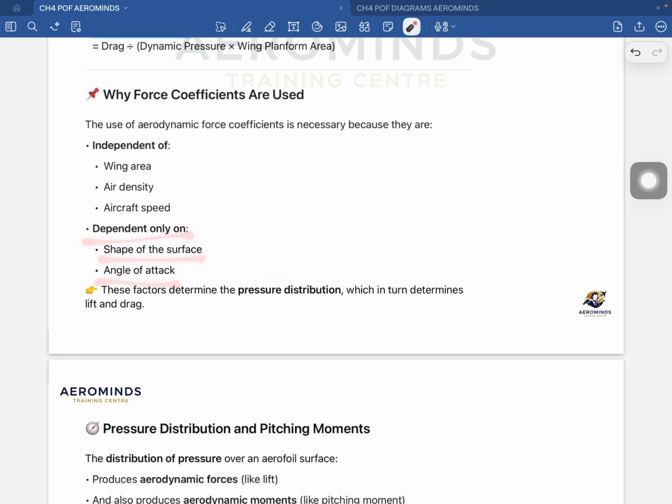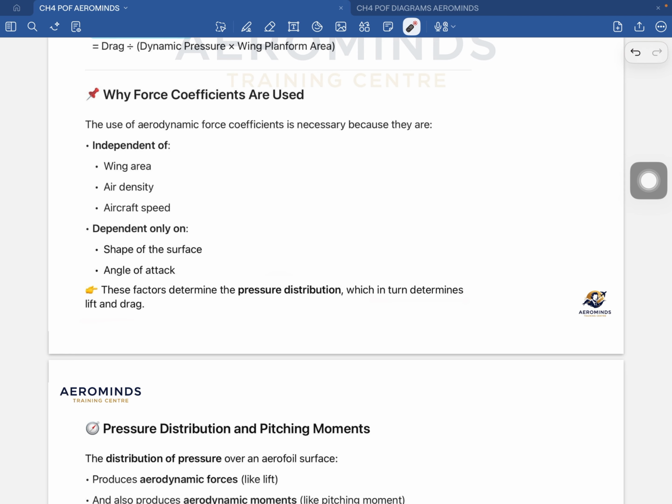Okay, these factors determine how the pressure is distributed over the surface, and that pressure distribution will in turn determine the lift and drag. So in simple words, the coefficient basically tells you how good a shape is at producing lift, or how much drag it will create, without worrying about the size or the speed.